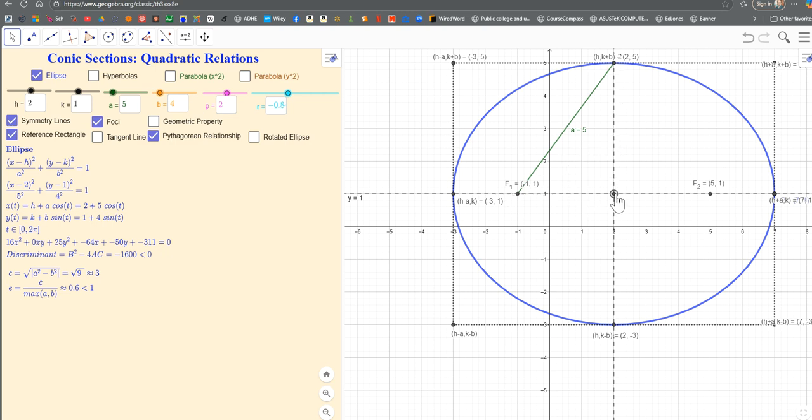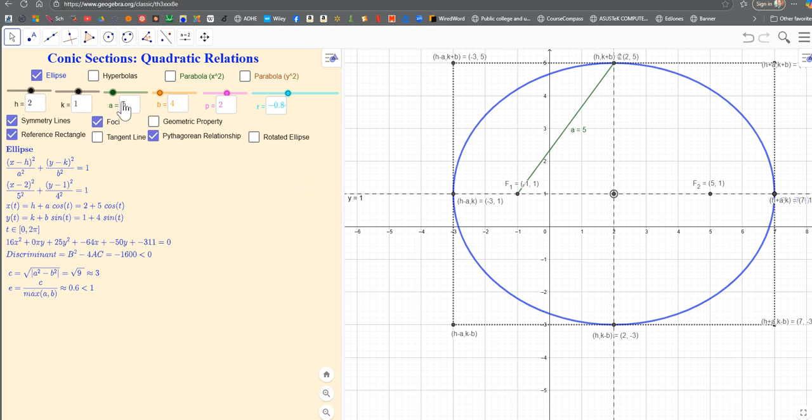But the distance from this, we'll call it a vertex, the leftmost point, to the center, is a, in this case 5. And that's the same as the hypotenuse of this right triangle here. So we got a nice Pythagorean relationship that says c squared plus b squared equals a squared.